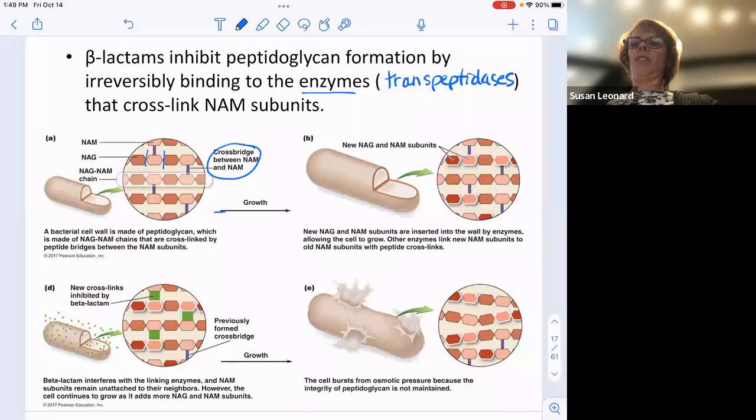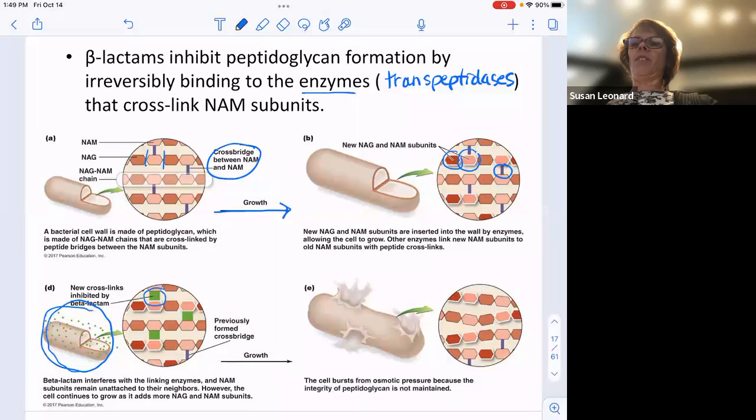Normally, when the cell grows, the new subunits, outlined in white here, are added in, and then you get new amino acid bridges formed by the transpeptidases. If, however, the cell has beta-lactam antibiotics present, which is what those little green dots are supposed to be, then this shows where the cross bridges should be, and they don't get formed.